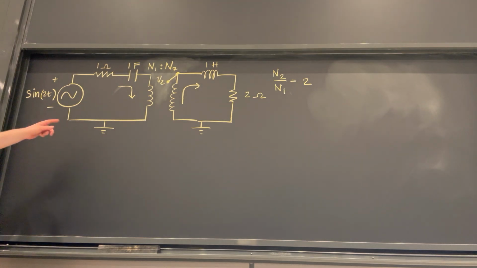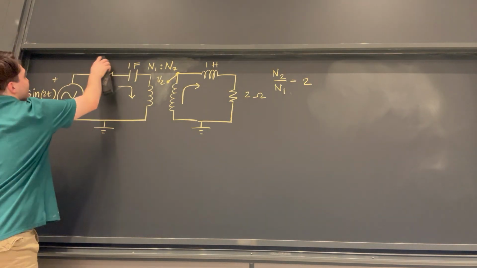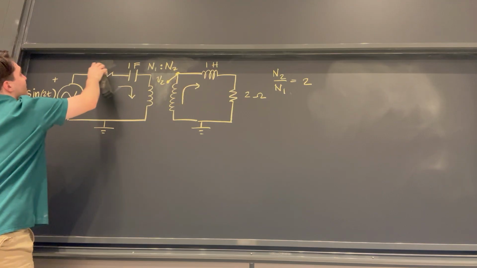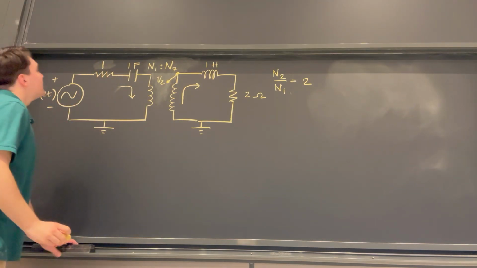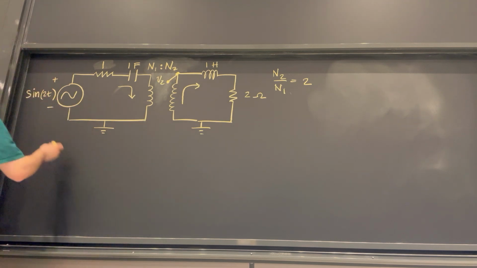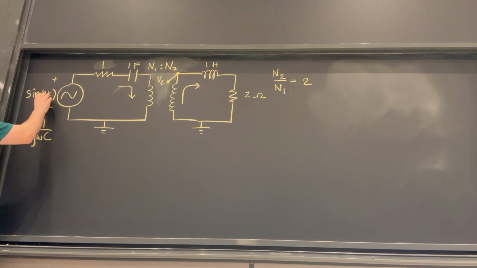So for example, this resistor here, resistors are equal to themselves in the phasor domain. So this resistor is 1 ohm, so it's just going to have a value of 1. What about this capacitor? Well, we know capacitors in the phasor domain are governed by this formula, 1 over j omega C. Here, omega is the angular frequency, which is 2 from this forcing function.